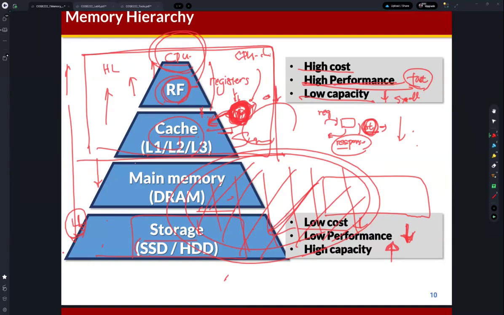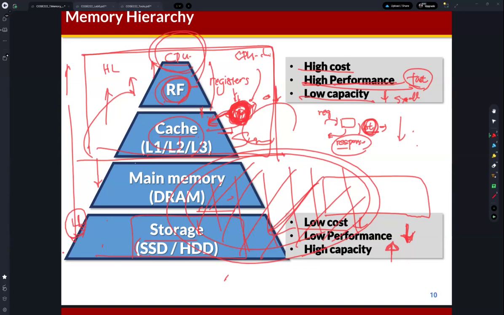Then why do we use a memory hierarchy? We want to use the fast memory, but the capacity is low. So we can store frequently used data in the high level memory, right? By doing this, we can improve the performance of a computer system.